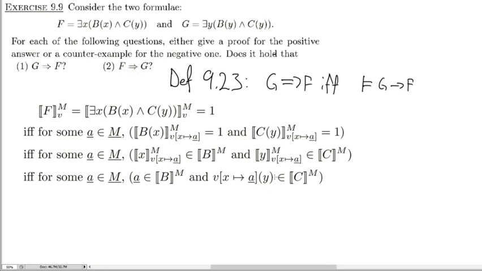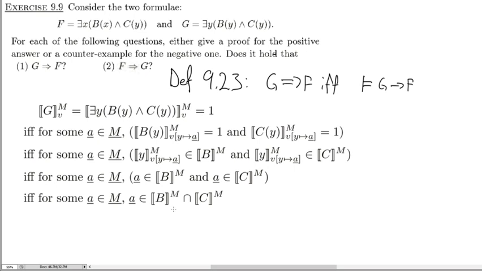Last time the y was free, but here the y is bound. So both the y in B and C are bound, so the criteria for being true are the same for B and C.